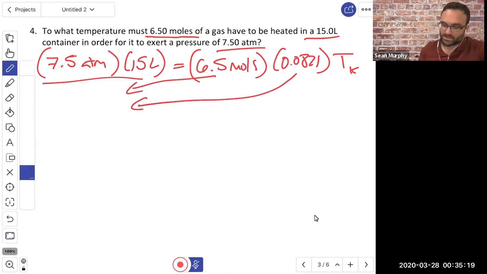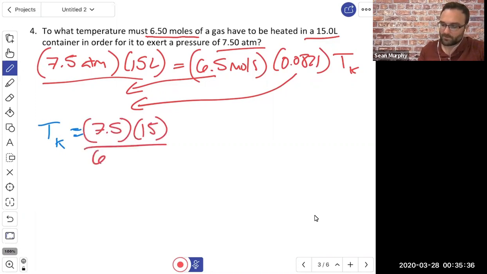So let's get T by itself. Remember, T is going to be in Kelvin. And then we're going to have 7.5, 15, 6.5, and then we're going to have 0.0821.